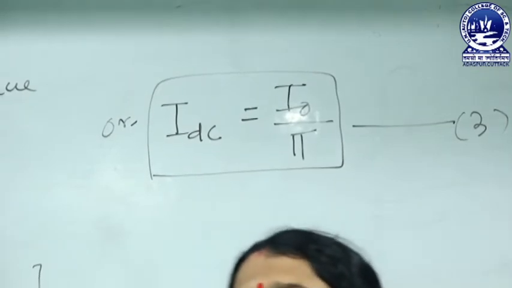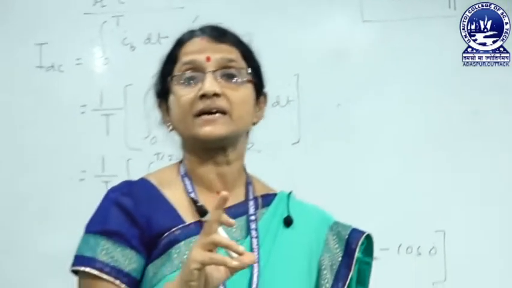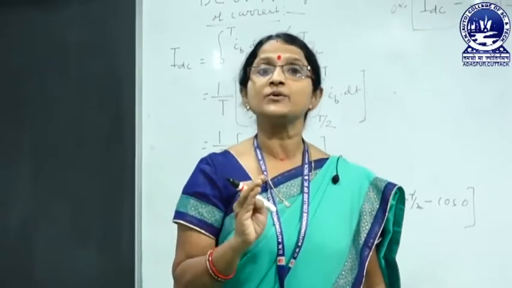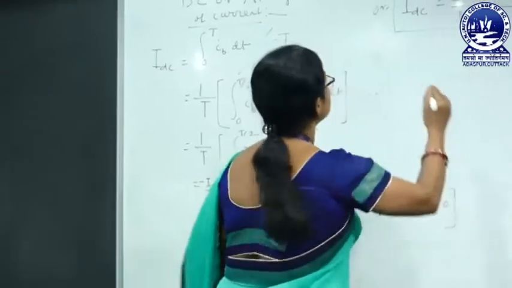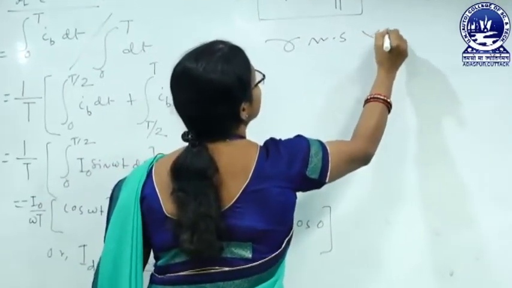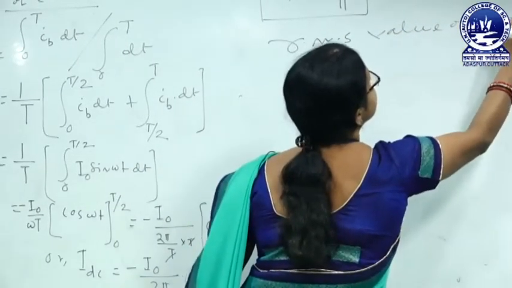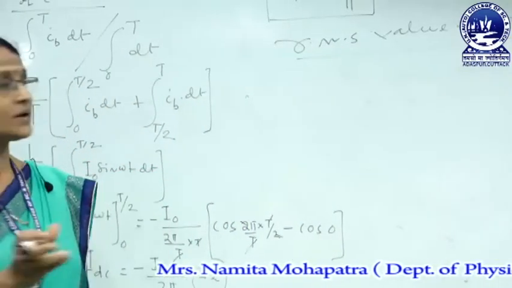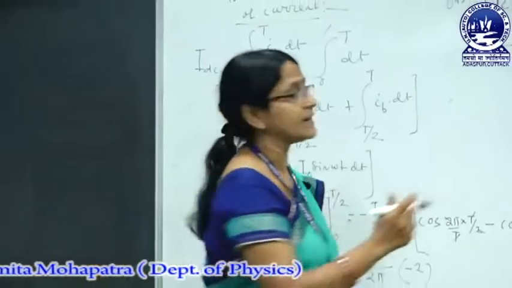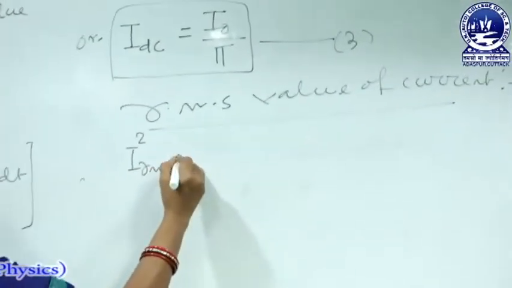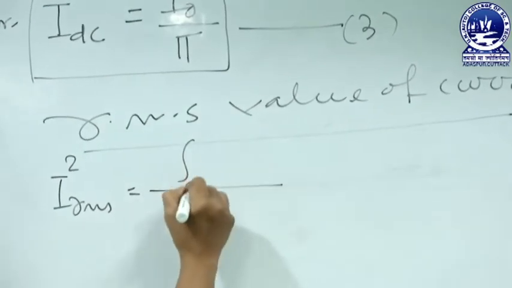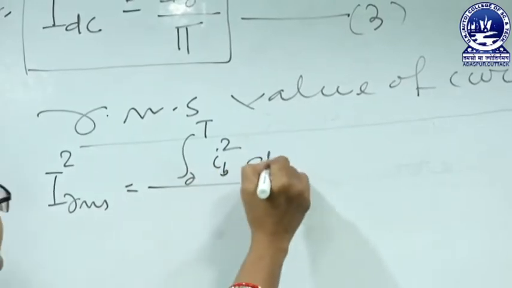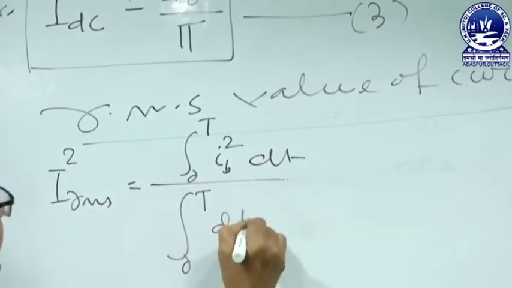But for finding the rectification efficiency, one term is barely necessary, that is IRMS, the root mean square value of the current. So how is it determined? We know that the effective or RMS value of the current is given by I square RMS equals integration 0 to T of IB square dt divided by integration 0 to T dt.